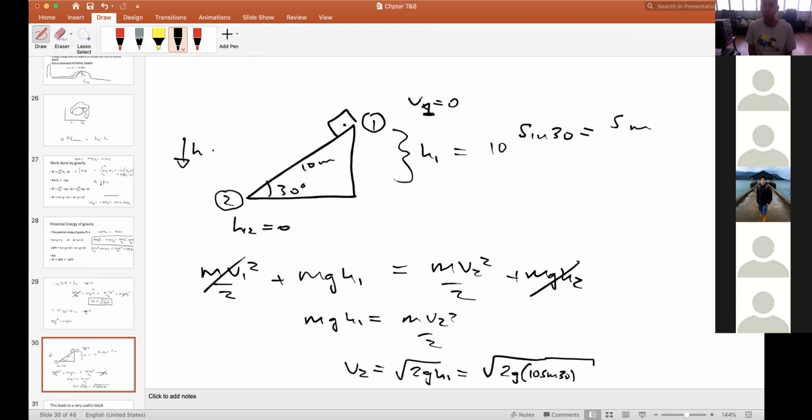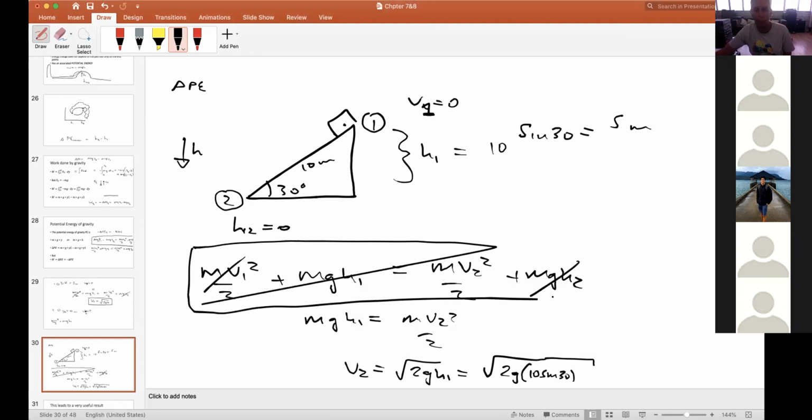Essentially, we found the change in potential energy from 1 to 2 and the change in kinetic energy, and we can set it up in a nice form where all we have to remember is kinetic energy and change of potential energy.